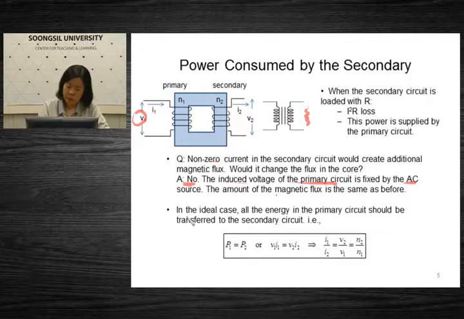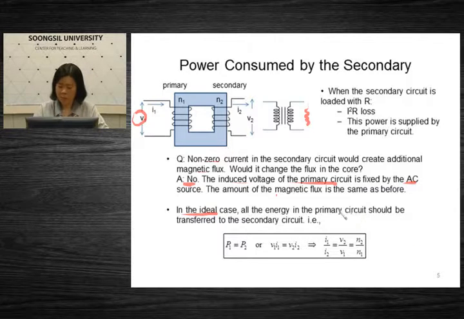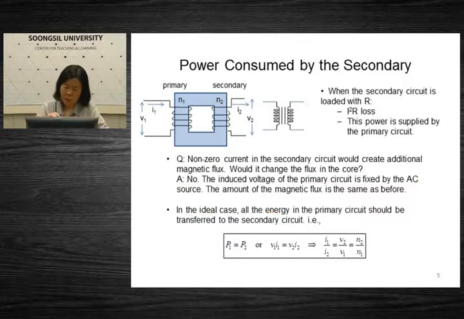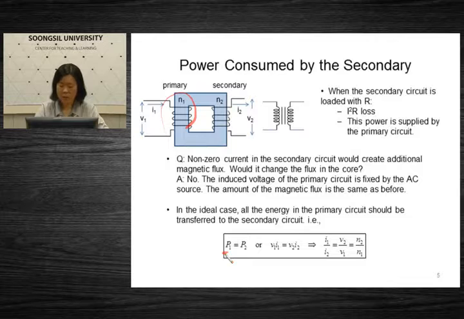Next, in the ideal case, all the energy in the primary circuit will be transferred to the secondary circuit. So that means power consumed by the primary circuit is actually the same as power consumed by the secondary circuit, or V1 times I1 will be the same as V2 times I2.